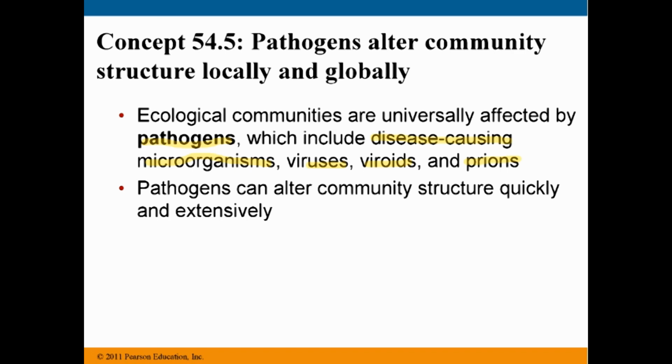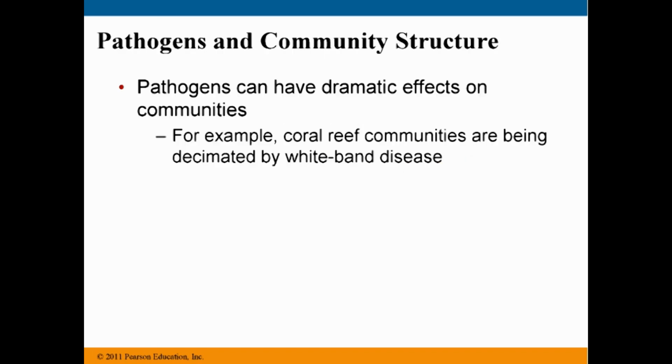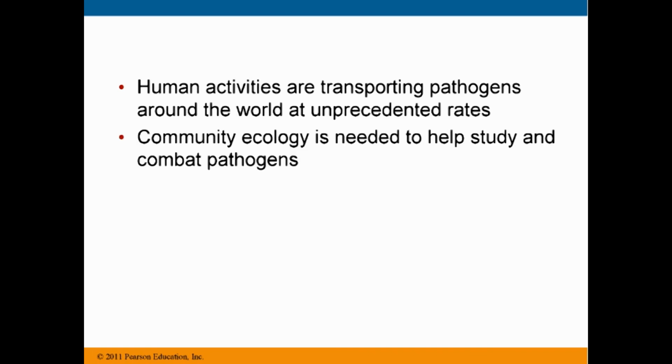So pathogens can come in and alter community structure very quickly and very extensively. Pathogens can have dramatic effects on communities, such as the coral reef communities being decimated by something called white band disease, and that white band disease is killing the coral reefs, so the coral reefs are then not able to support the diversity of species, and we saw that a couple of slides before.